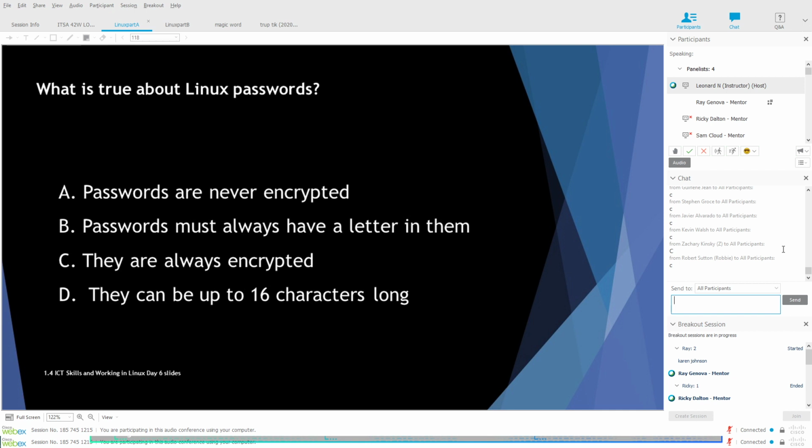They sure are. Remember, I showed you guys the Linux password. You saw the salted hash. Because you sure don't think somebody's remembering 128 characters, do you?